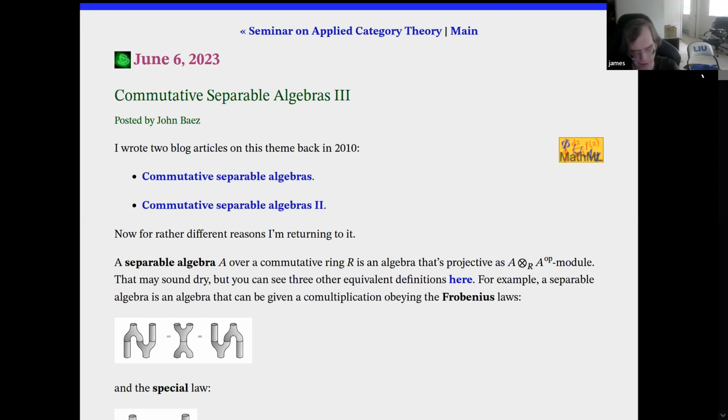Say that once again. Monoids, bimodules, and bimodule homomorphisms. And I mean monoids in a symmetric monoidal category, so as to get a lot of generality.